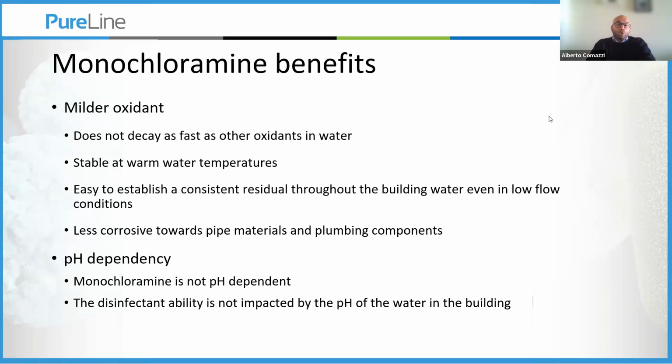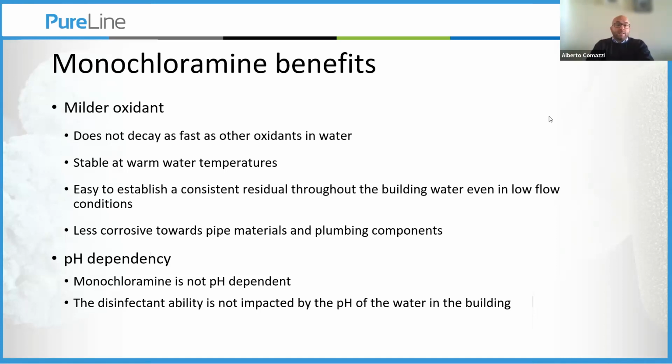And because it's more stable, it does not decay as fast as other disinfectants. So it lasts longer, either in a public water utility distribution system or in a building plumbing system. Because it's more stable, it will be stable at warm water temperatures. So other disinfectants may decay pretty fast in domestic hot water systems, whereas monochloramine does not.